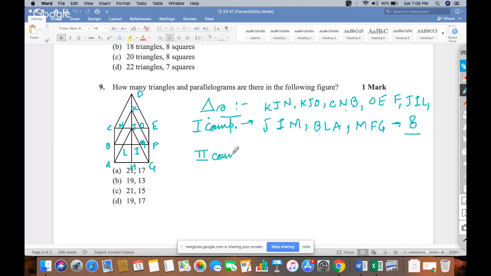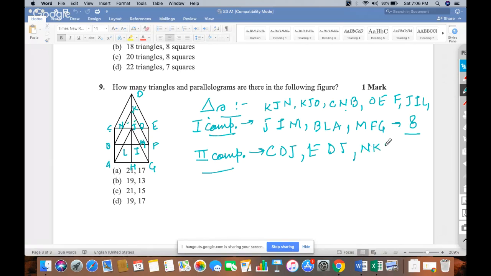From 2 components, how many of them am I getting? From 2 components, I have one component here, C, D, J, this vertical one. So CDJ, and on the other side I have EDJ. Similarly NKO, joining these 2 components.